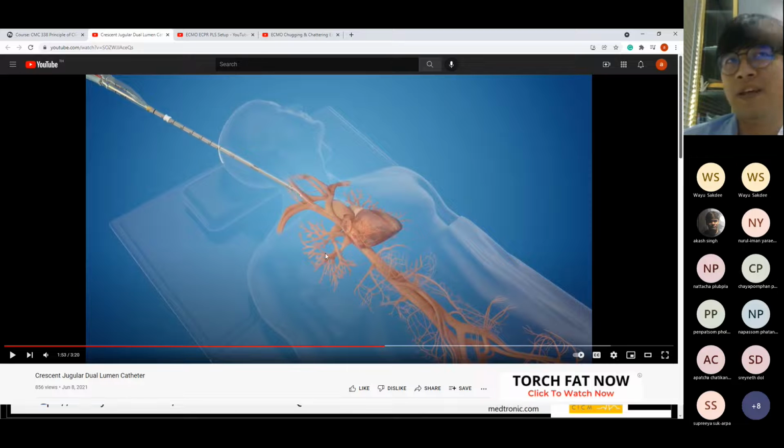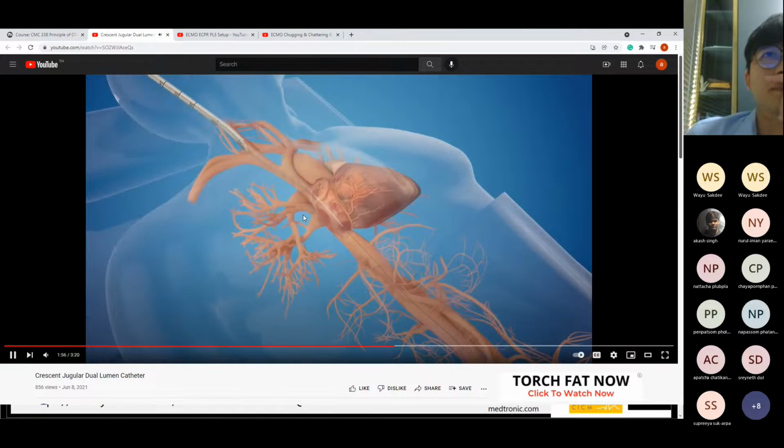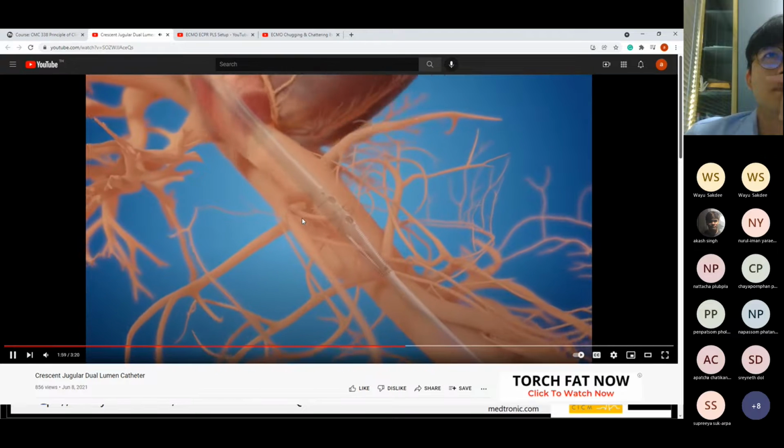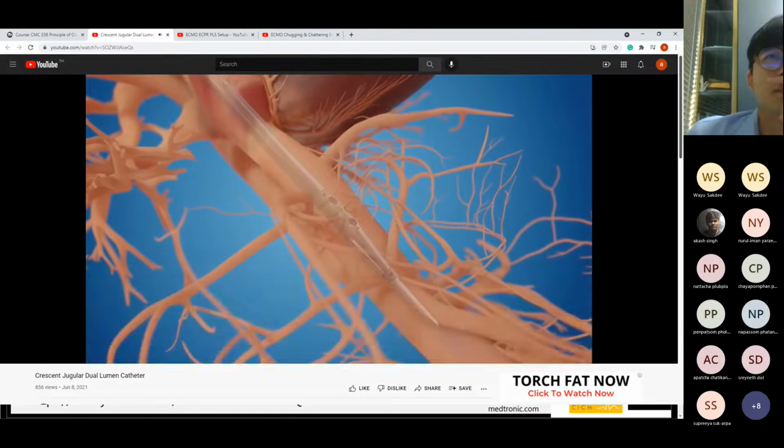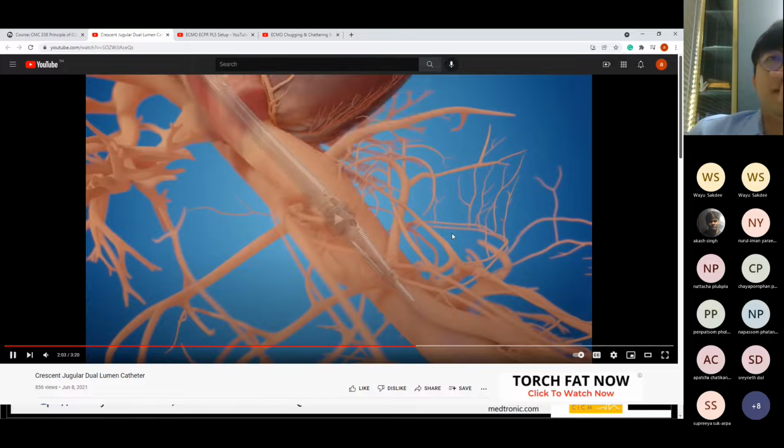They take the dilator out, so the stylet goes into the vessel over the wire here. So you can see this hole, and the end hole here is going to be pressing on the IVC.